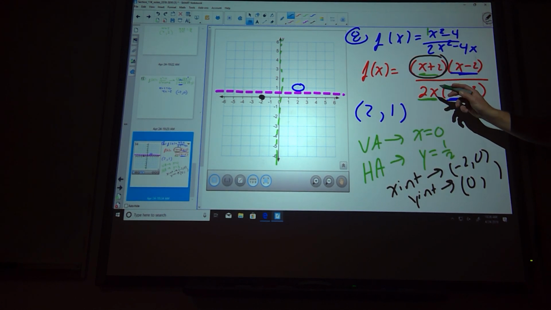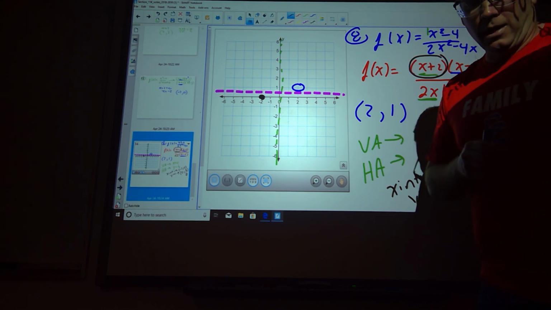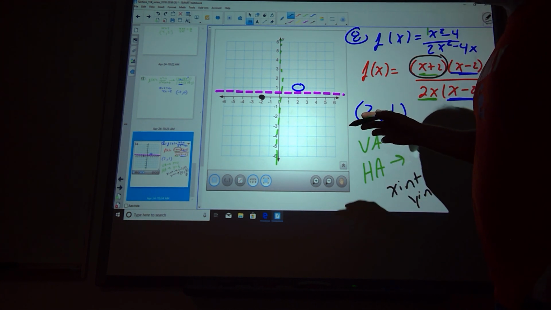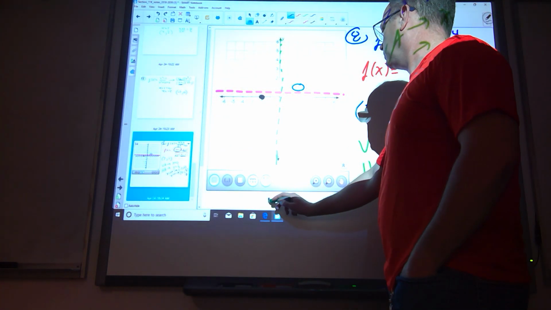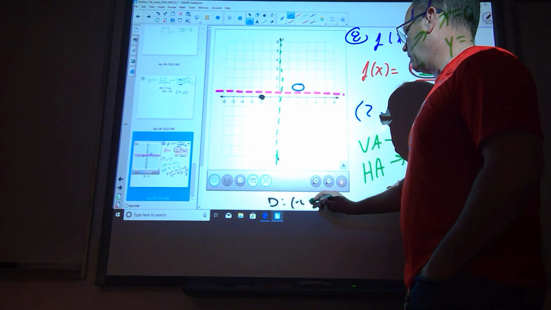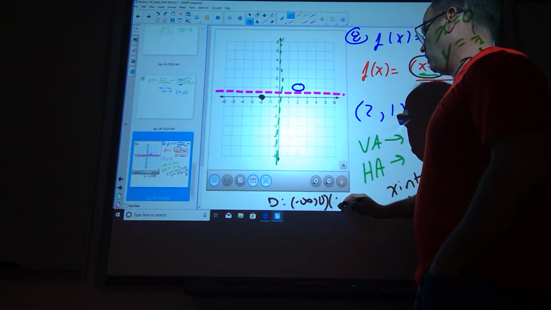This gives me 0 over 0, which is undefined. So what can you tell me about the y-intercept? It doesn't exist. It's an asymptote right now. Oh, we can take care of the domain as well. So the domain will go from negative infinity to 0, 0 to infinity.